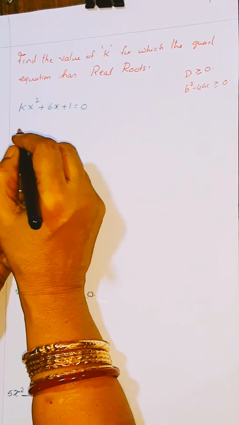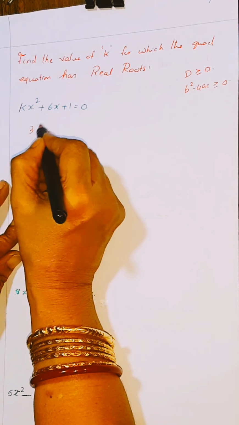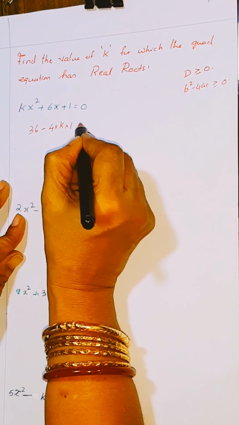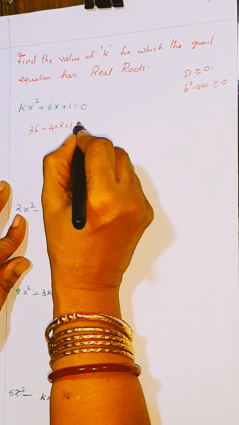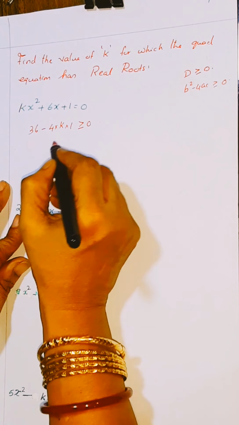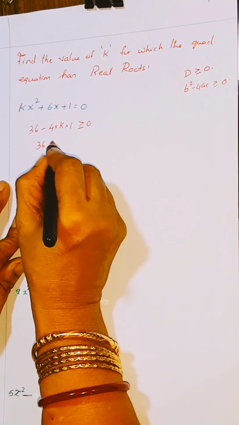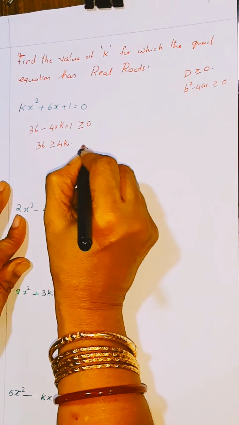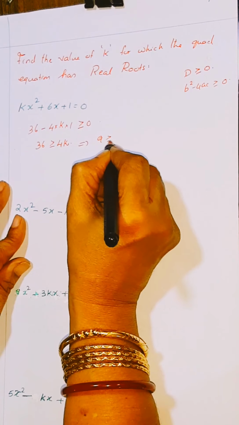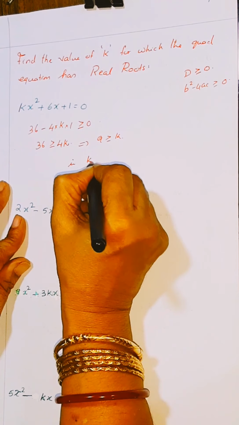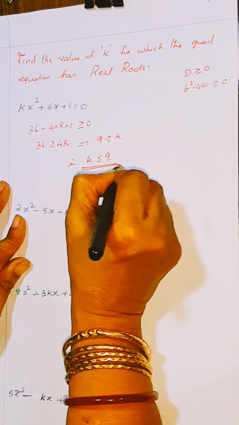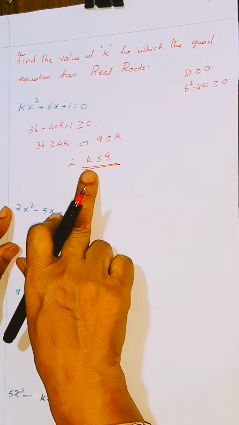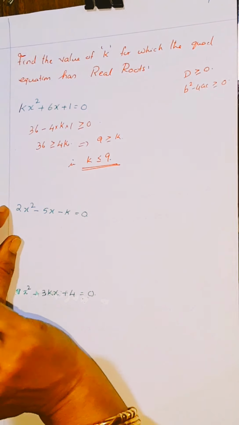So substituting here, b squared is 36 minus 4 into k into 1 is greater than or equal to 0. So 36 is greater than or equal to 4k. So 9 greater than or equal to k, that is k is less than or equal to 9. So all the values less than or equal to 9 will satisfy this.